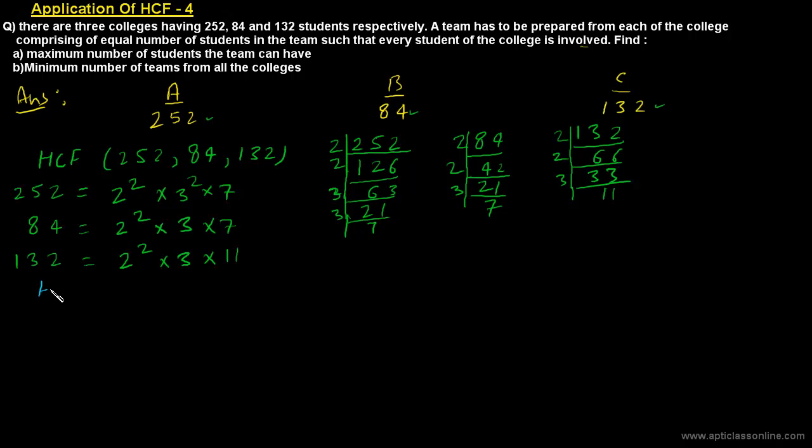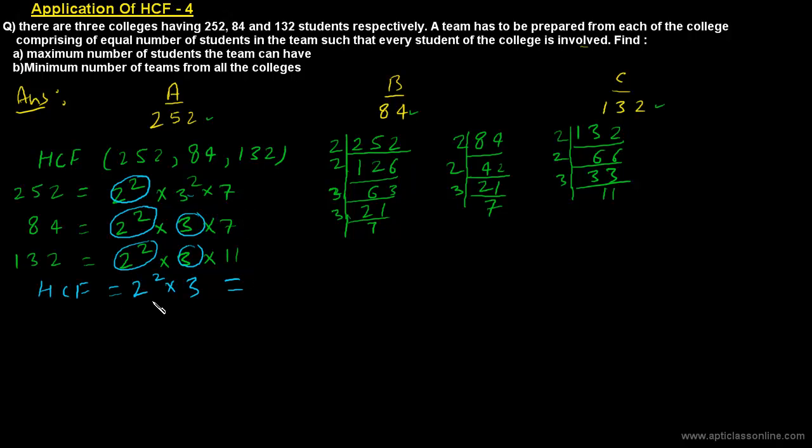So what will be the HCF? The HCF will be the common factors. Let's find out. Now 2 square is common to all, so that is 2 square into, and then 3 is common. 3 raised to power 1 is common, that is 3. No other factor is common.